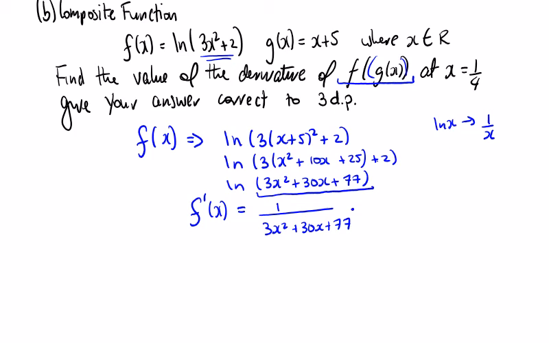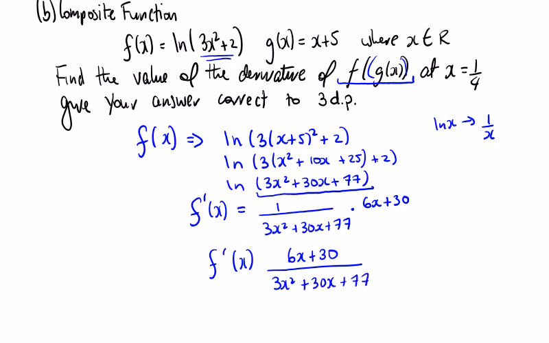So we multiply by 6x plus 30, differentiating 3x squared plus 30x. So therefore, what I end up with is 6x plus 30 over 3x squared plus 30x plus 77, and I'm asked to find this when x is equal to a quarter.